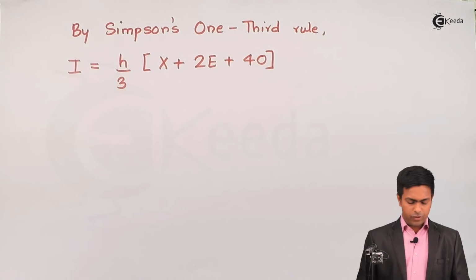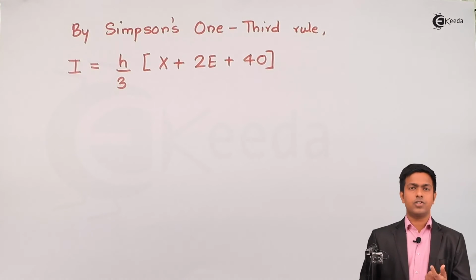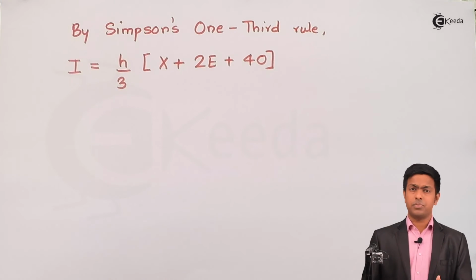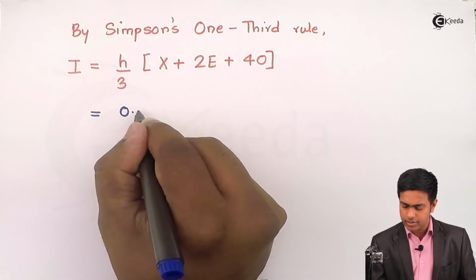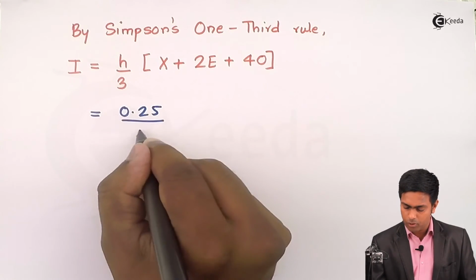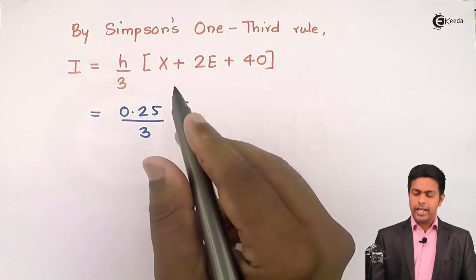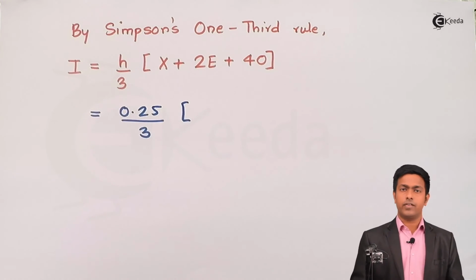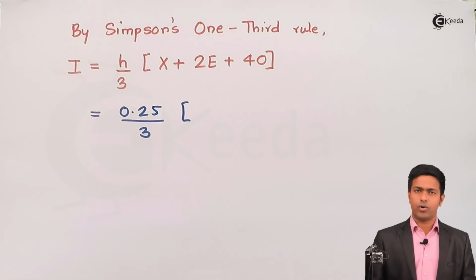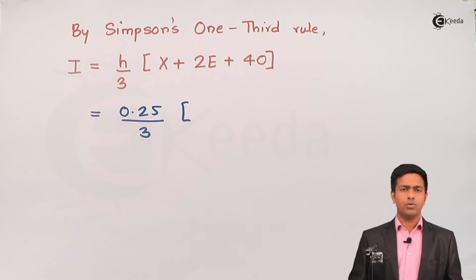The value of h, we all know, is the difference between any two values of x, or the difference between the subintervals, which is 0.25 here. So I'll say it is 0.25 upon 3. X is the sum of extreme ordinates, E is the sum of even ordinates, and O is the sum of odd ordinates. Let's find out these values.